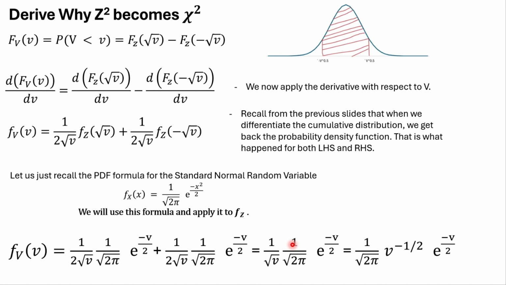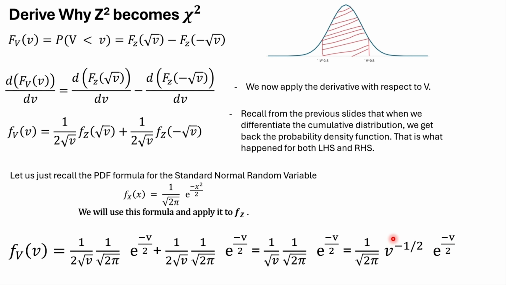As you can see, both the first and the second expression technically become the same because the standard normal distribution function is always positive and there's a square being applied. So our negative under root v and under root v both square up. So what you get is this right hand side final expression.